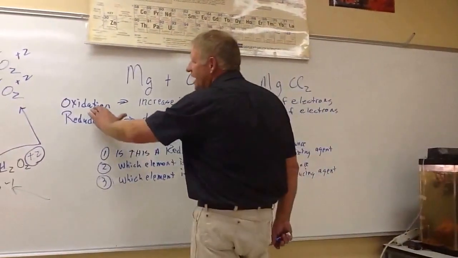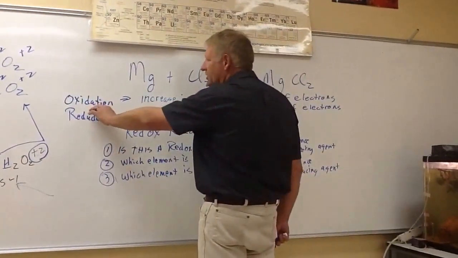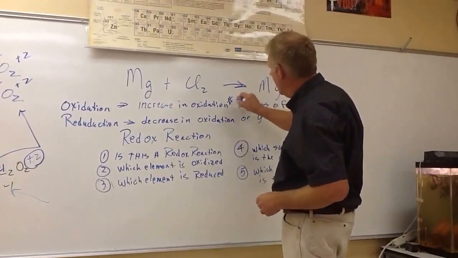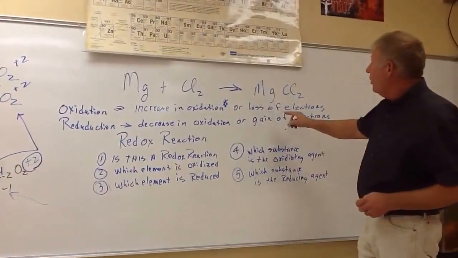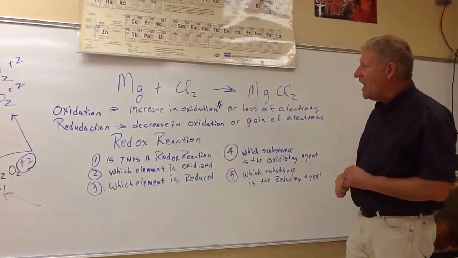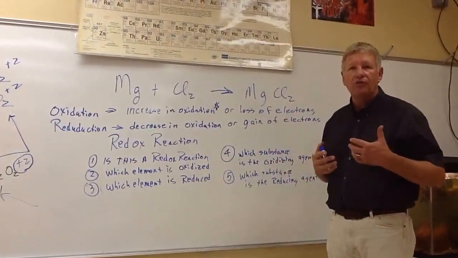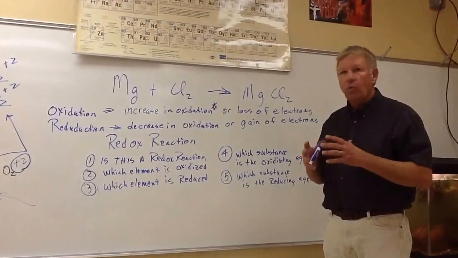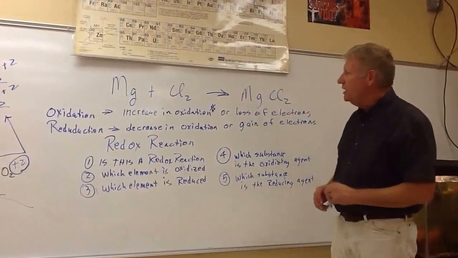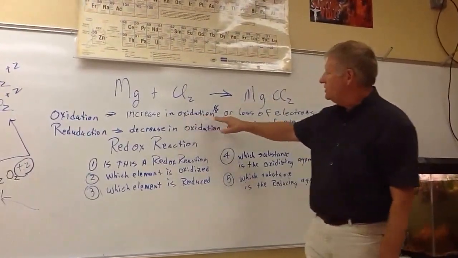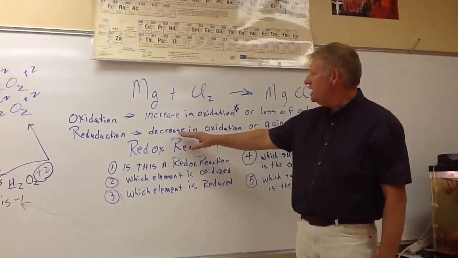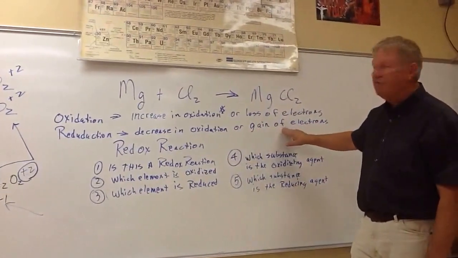Now, what do we mean by redox? When we talk about oxidation numbers, oxidation is an increase in oxidation number, or a loss of electrons. Because when something is oxidized, it loses electrons. Rust is oxidation. Reduction is a decrease in oxidation number or a gain of electrons.